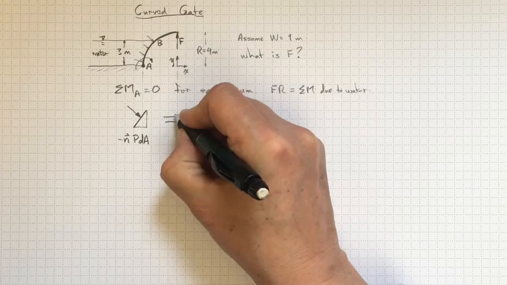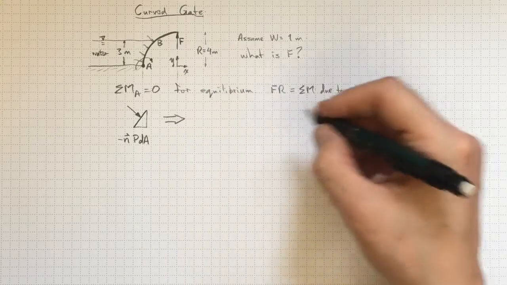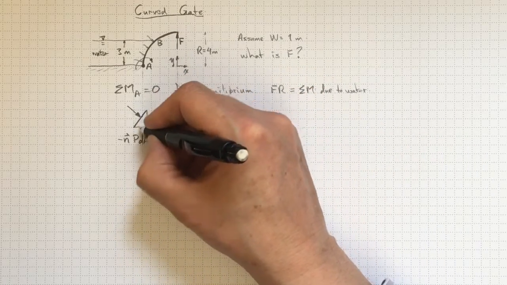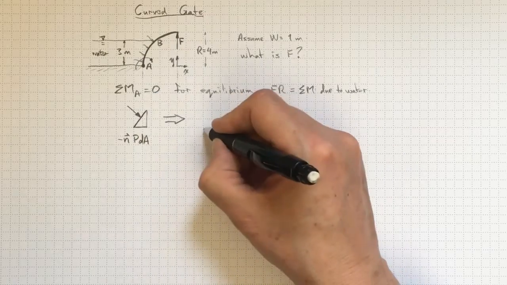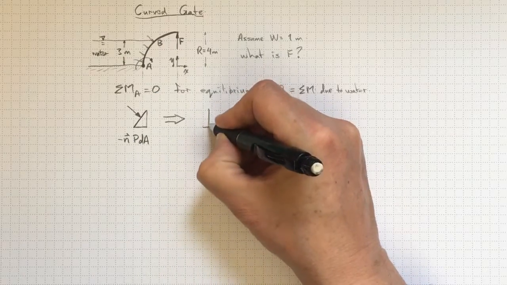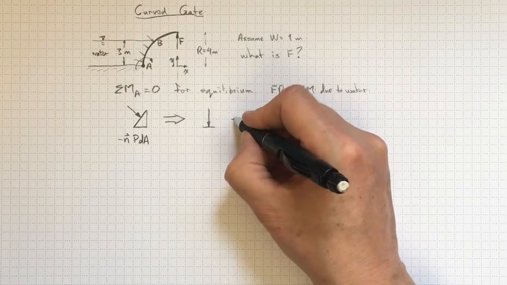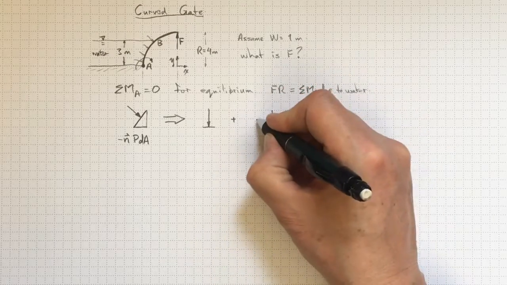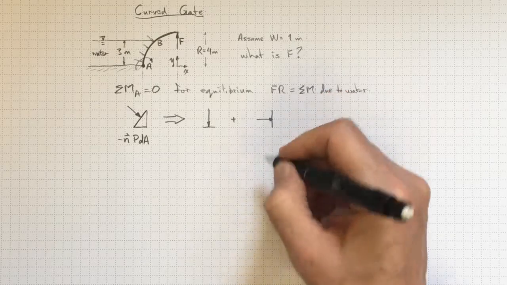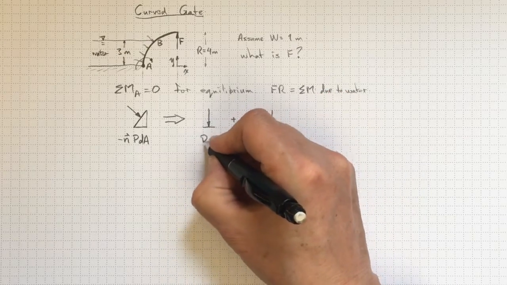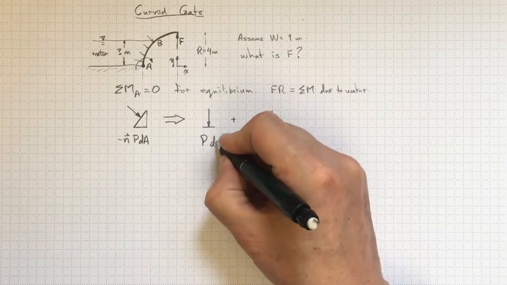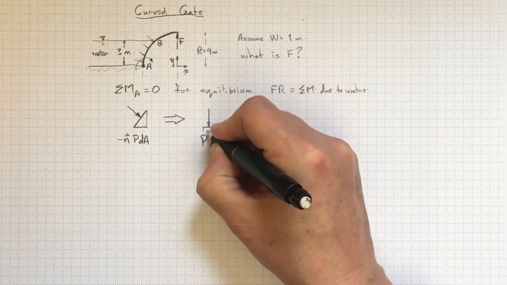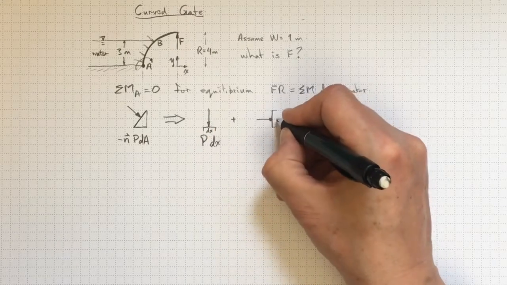So if I look at that system, it's going to be pressure acting over this area in the downwards direction, so a little chunk like that, and another chunk acting over a surface projected in this direction like that. So this is P times dx, because that dimension there, that's dx.